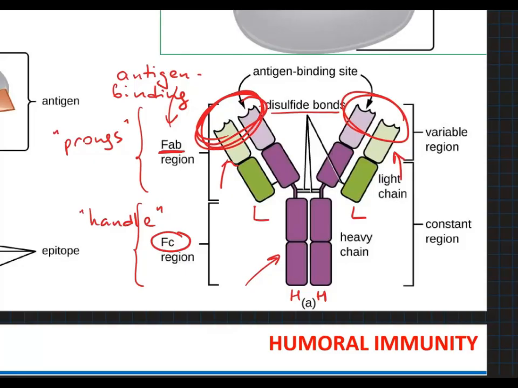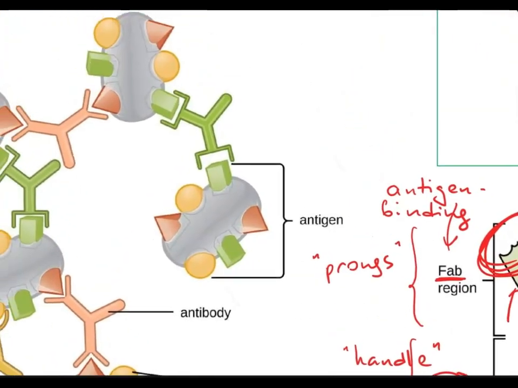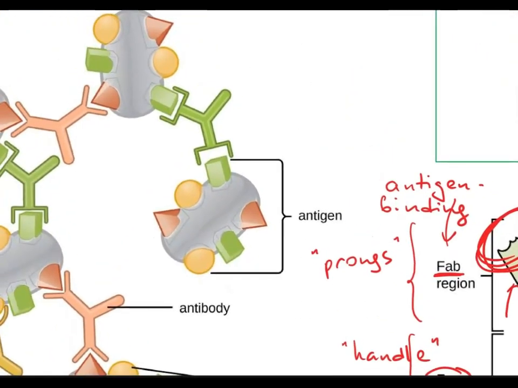Moreover, they recognize the same antigenic determinant. Okay, so look at this image. This is the antigen binding site, and this is the antigen binding site. Both of them recognize this green antigenic determinant.